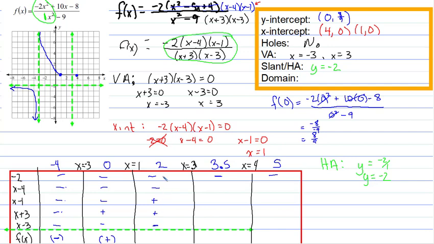So let me count my signs. 1, 2, 3 negatives. 3 negatives multiplied together is still a negative. And so that means this is going to go on farther down.